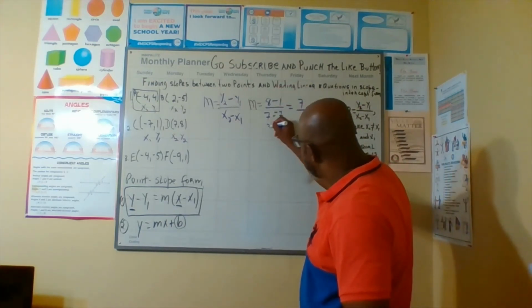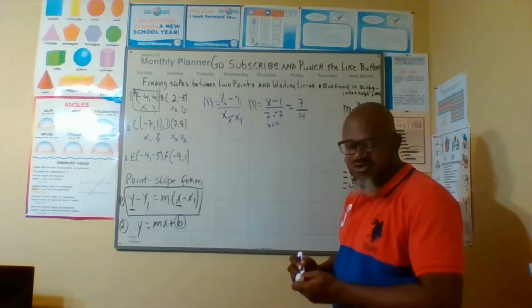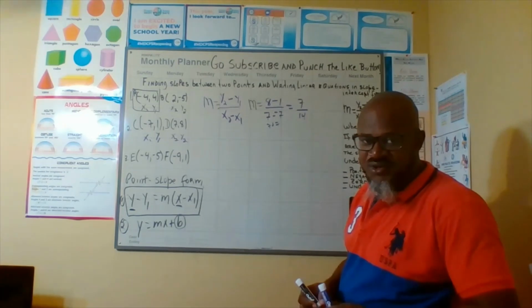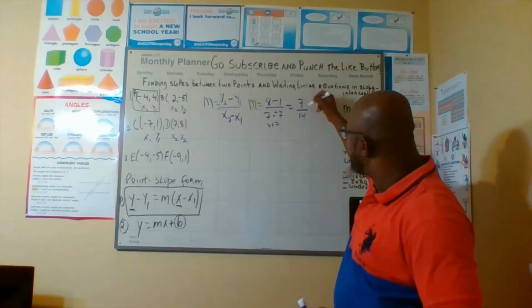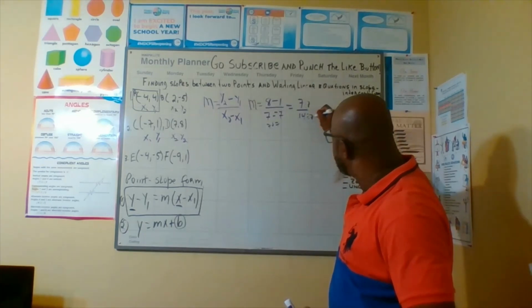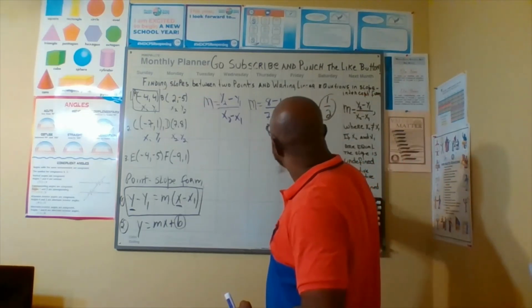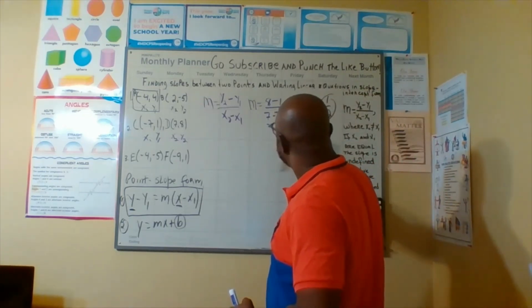This will become 7 plus 7, which is 14. Some of you are going to stop here, which is wrong. Both 7 and 14, they have 7 in common. You have to simplify that by 7. So you will end up with 1 over 2 as my slope. My m is 1/2. Alright?